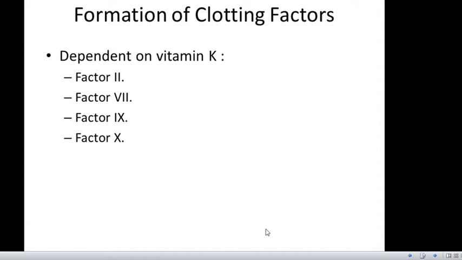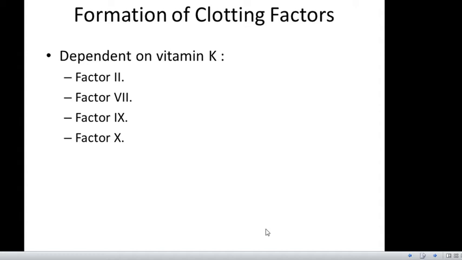Formation of these factors is dependent upon the presence of vitamin K, which is necessary for the production of an integral part of these factors. A deficiency of vitamin K may, therefore, produce a tendency to bleeding.